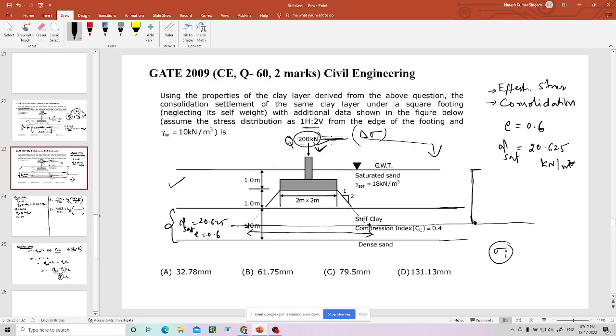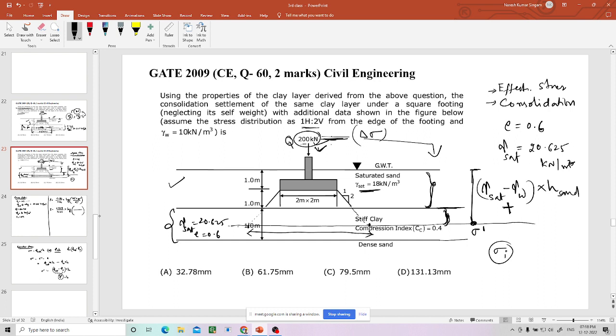Okay. At this point we have to calculate sigma dash, right? Due to this clay weight, there are some initial stresses. Now see, there is this much sand, but there is groundwater table above the sand. That means you have to take submerged unit weight of the soil. That means gamma sat minus gamma w multiplied by this much height, that is height of the sand, plus this.